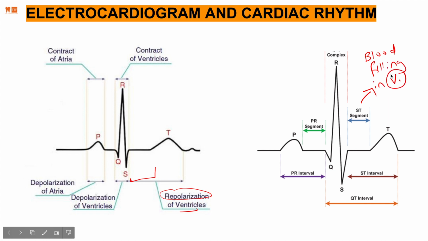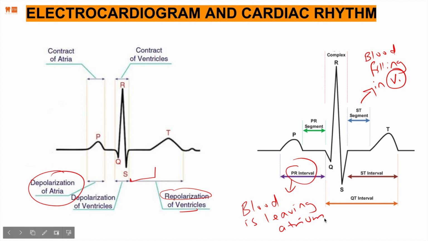Fair enough? Let's try another one. What's happening in the PR interval? Well, in that time, we have depolarization of atria. So basically, blood is leaving atrium and filling the ventricle.